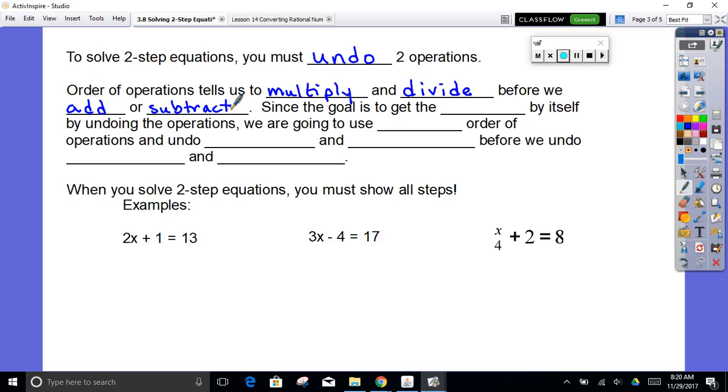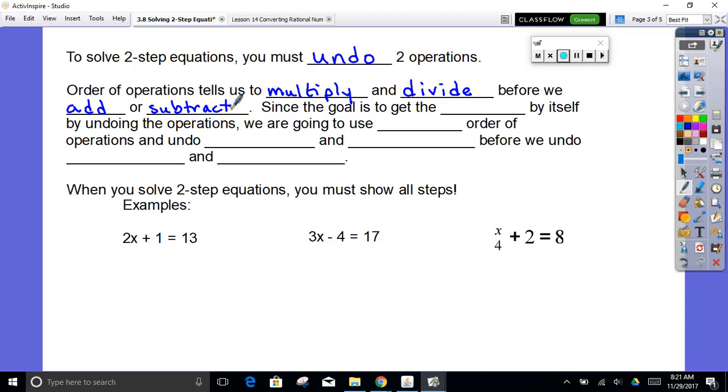If we were evaluating 2x plus 1 and I said, let's say that x is 5, you would do 2 times 5 first, and then you would add 1. You would do the multiplication and then the addition. All of these are the same. You always multiply and divide first, and then you do the addition or subtraction.